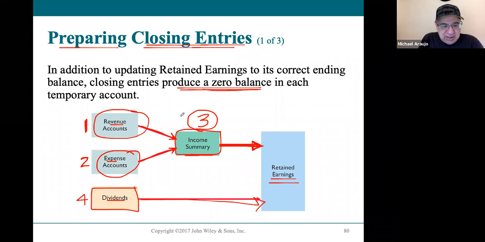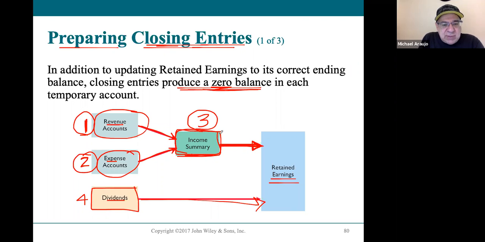Now, at the end of this process, and it's a 4-step process, after the first step, all of our revenue accounts have a zero balance, which means they are closed. After the second step, all of our expense accounts have a zero balance, which means our expense accounts have been closed. After the third step, we no longer need our temporary holding tank called income summary.